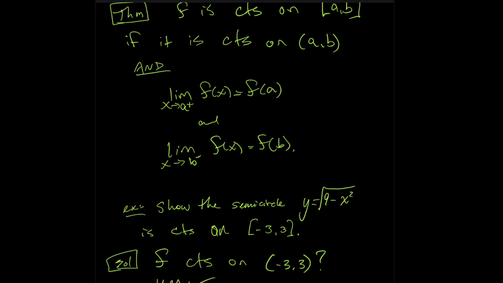And they're both equal to 0, so it's going to check out. Now we do the same thing with 3. So the limit as x approaches 3 from the left, on the inside of the interval, we want to see if that's going to be equal to f of 3. And so it is.